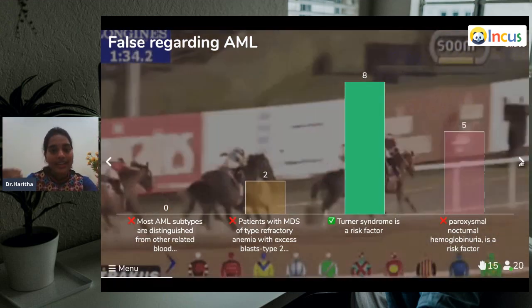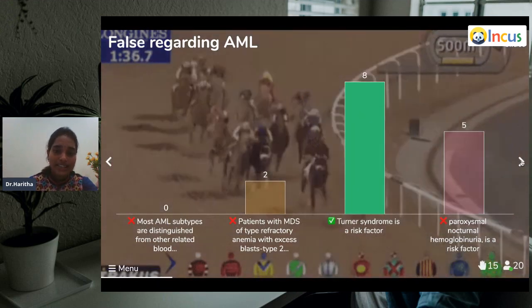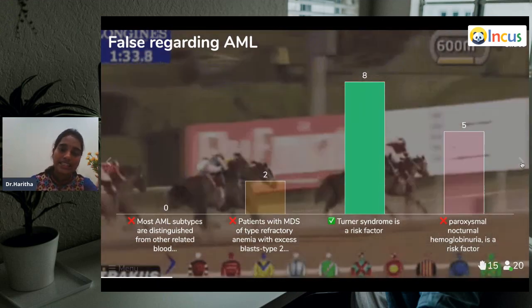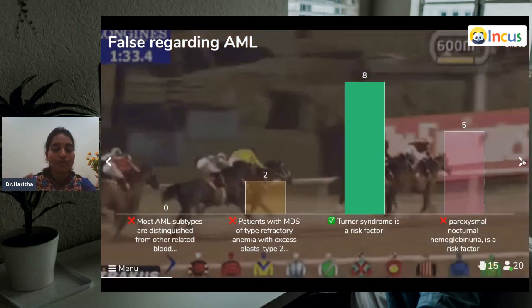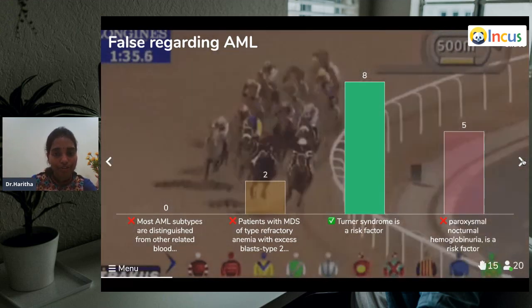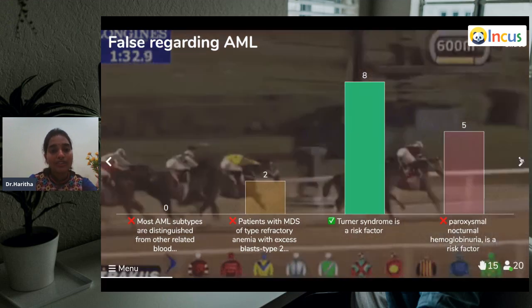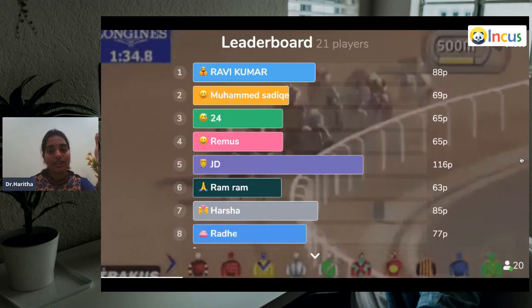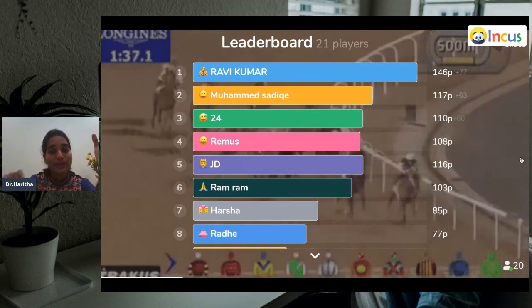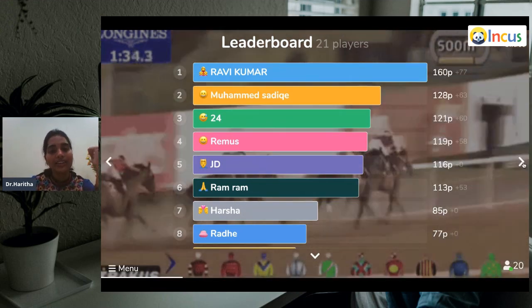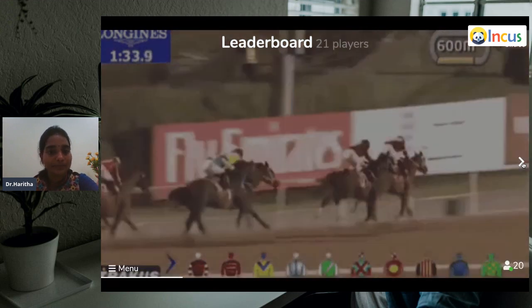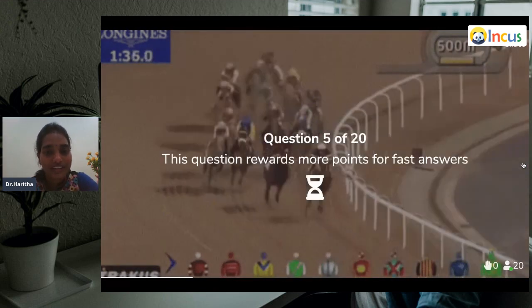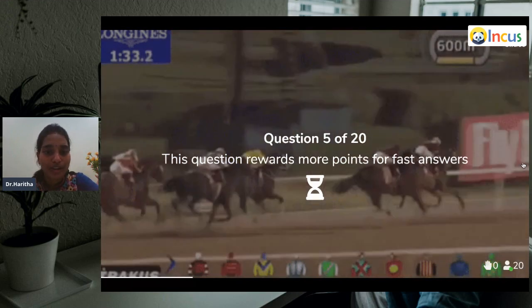And MDS, myelodysplastic syndromes, with excess blasts less than 20%, they don't fall into the category of AML. Only with blasts more than 20% in the bone marrow they fall for the AML. You can label them as acute myeloid leukemia. Ravi Kumar, very good.